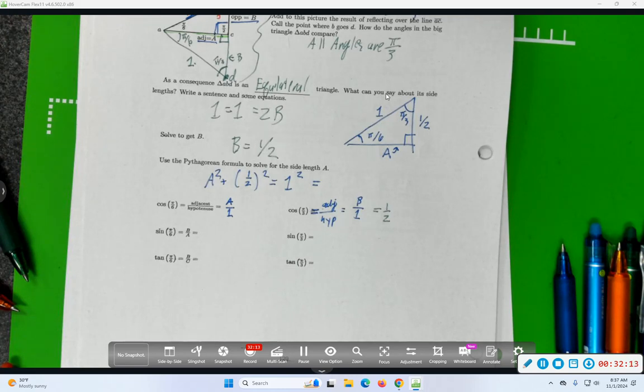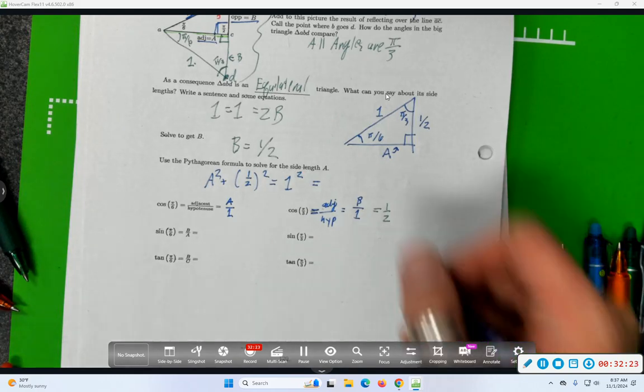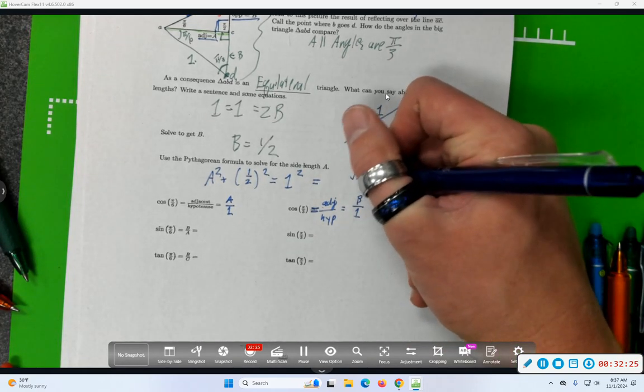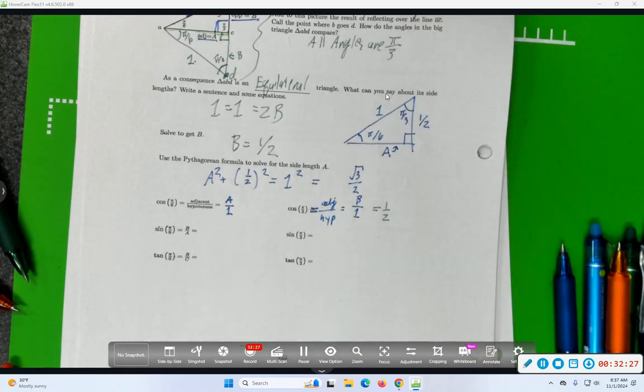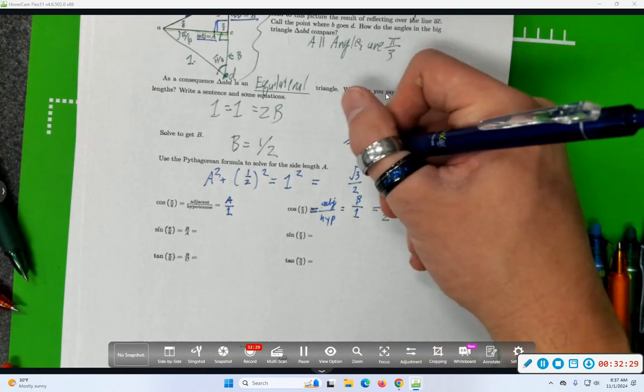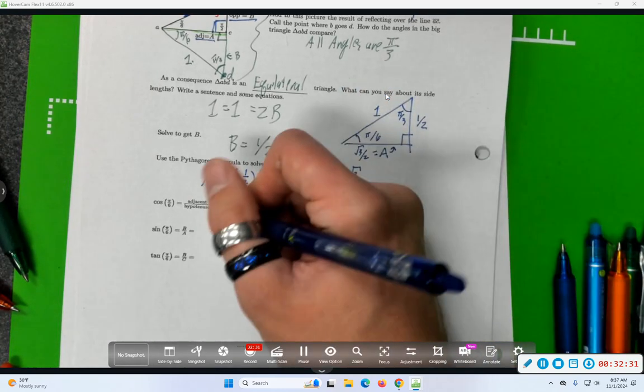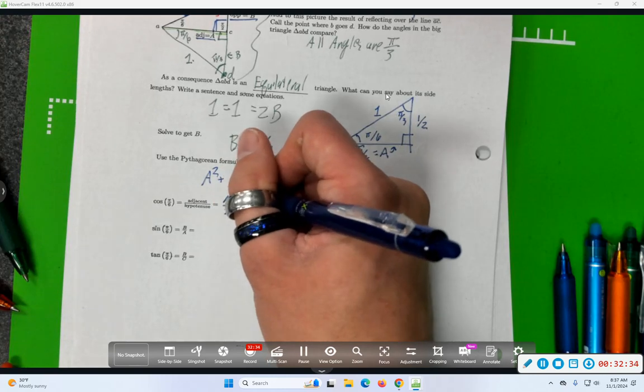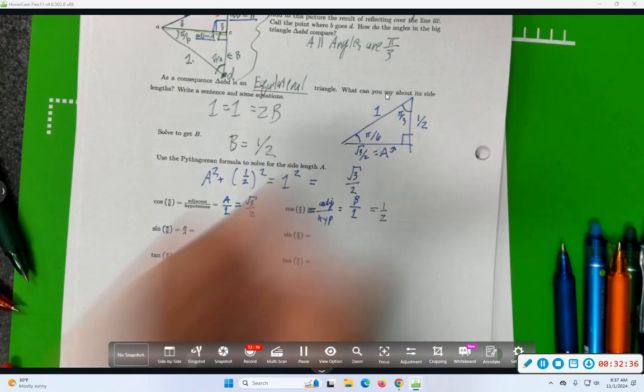What do we get? Square root of 3 over 2. Root 3 over 2. Do I hear a second? Nice. Oh, so that tells us more. Cosine was also just A, which is root 3 over 2.